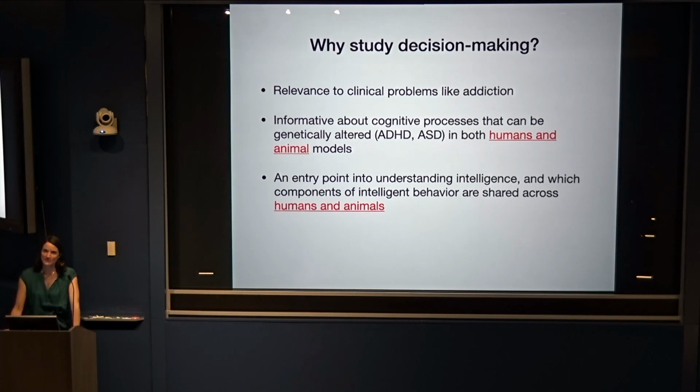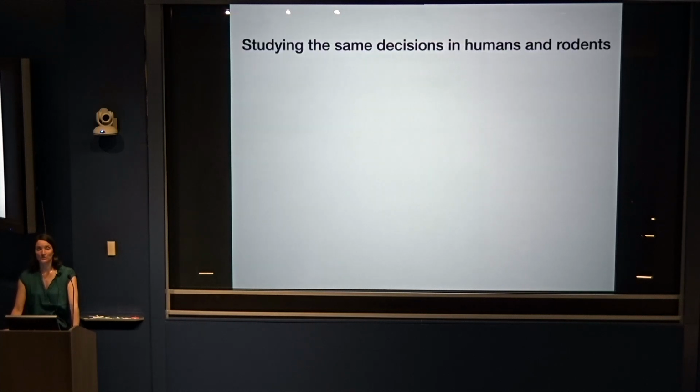And I think this is a hypothesis that when I started out my own lab, I really wanted to test whether or not this was true. And to do that, my first goal was to study the same decisions in humans and rodents. And in a sense, what we were doing was not particularly new, right? After all, certain kinds of rodent studies that people have been doing for a long time have some relevance to humans, right?